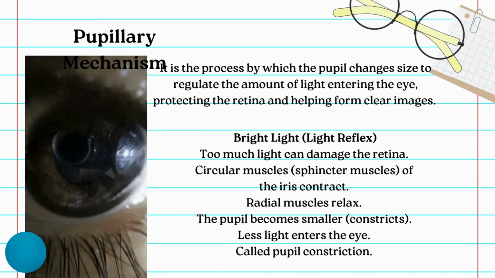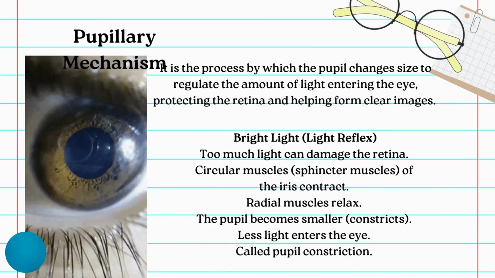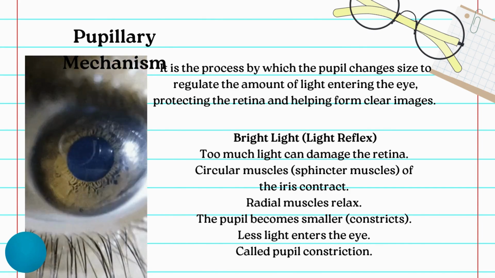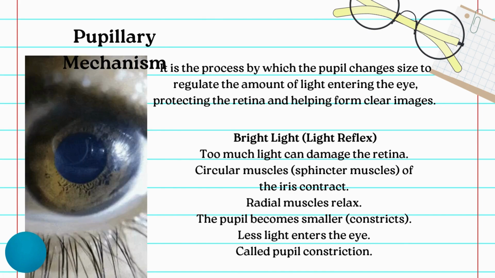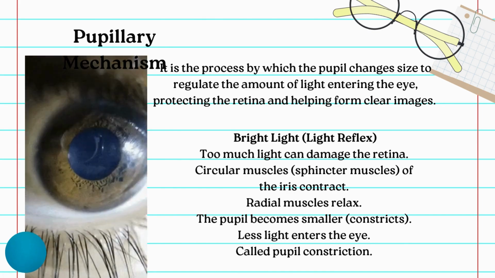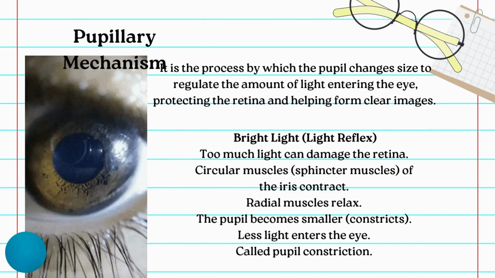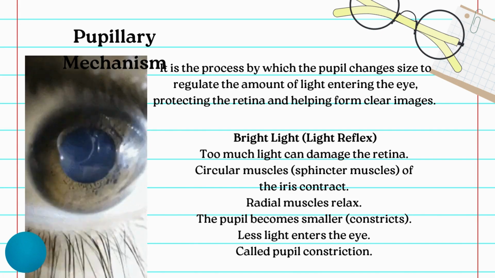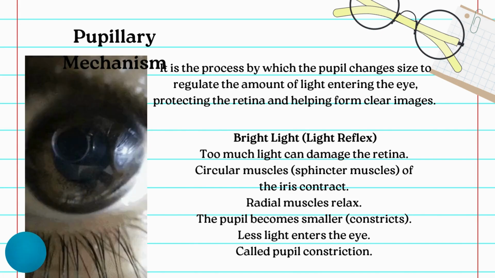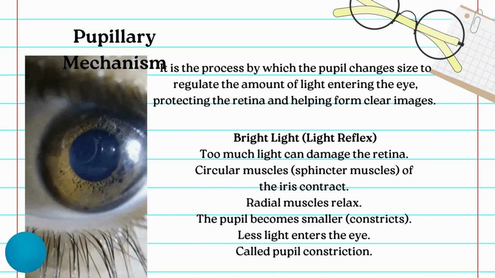I don't know if that's a good analogy, but if you're holding a ball and you press on the ball, it's almost trying to shrink in diameter or circumference. So that's what happens to the pupil when circular muscles constrict.